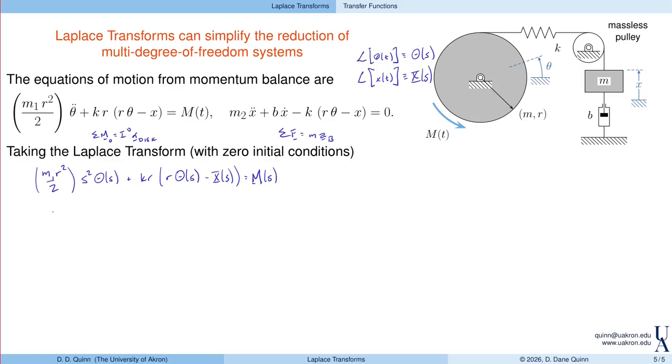For this second equation, we'll get m2 s squared times X of s plus b s X of s minus k times r capital theta of s minus X of s equals 0. So these are my two equations after I've taken the Laplace transform.